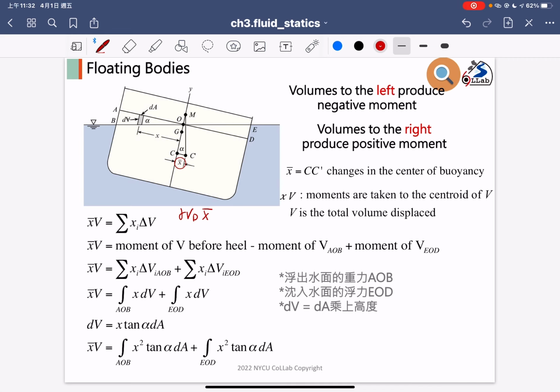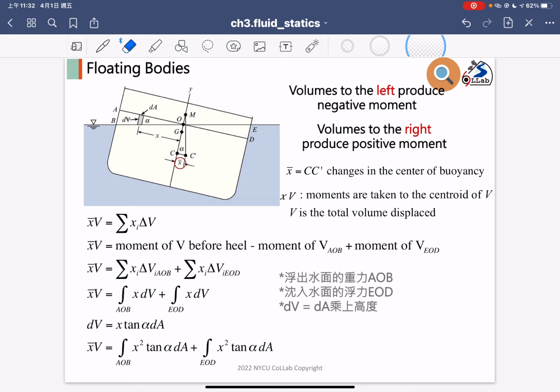This is for the left hand side. And the right hand side is the sum of the small displaced volumes. The sum of the small displaced volumes contributes to the moment. Okay? For this equation, because on the right hand side we have the gamma, and on the left hand side we have the gamma, we just cancel out the gamma on both sides.